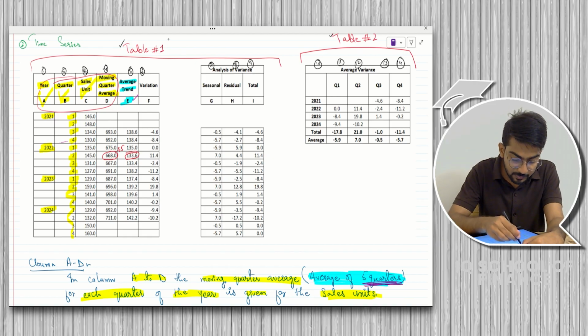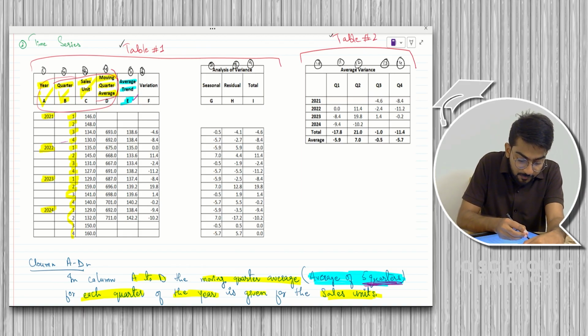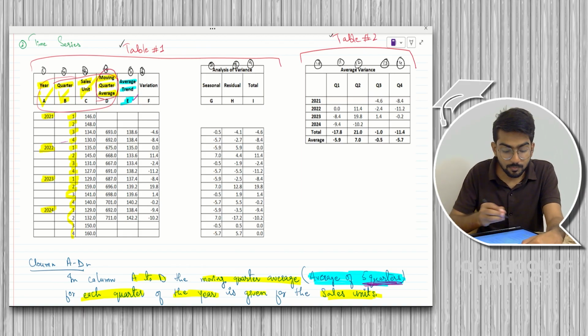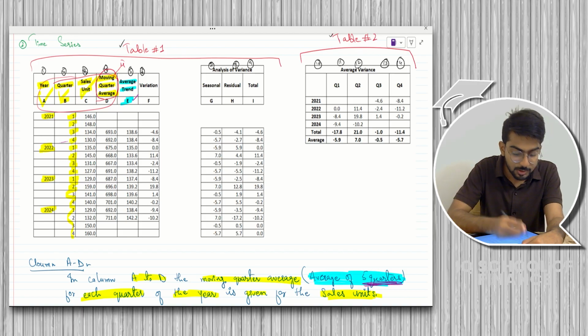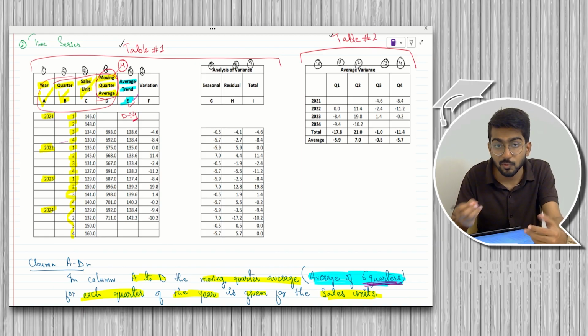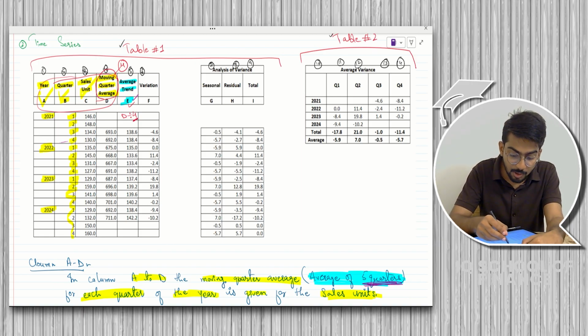And what if I tell you that in some other scenario this moving quarter average is calculated using 4 quarters? Then in the average trend, would you divide D by 5? No sir, we would divide it by 4. So this is how the average trend is calculated.